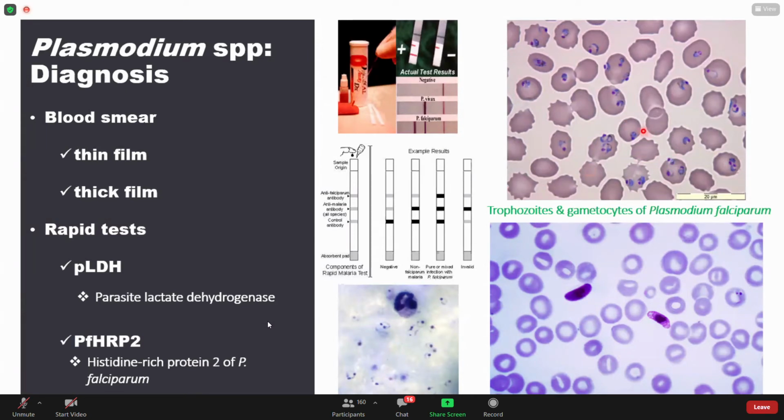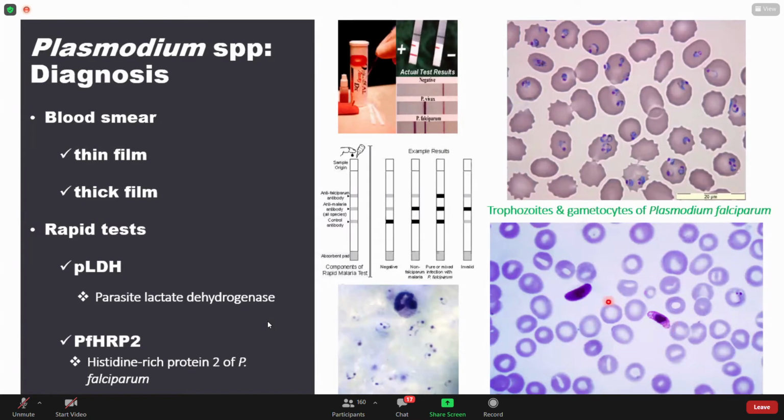And yeah, this is another one. And having parasites that have double chromatin pattern, what we refer to as the headphone appearance. All these are highly suggestive of P. falciparum infection. Another feature that you can look out for are the gametocytes, if you get to see them.